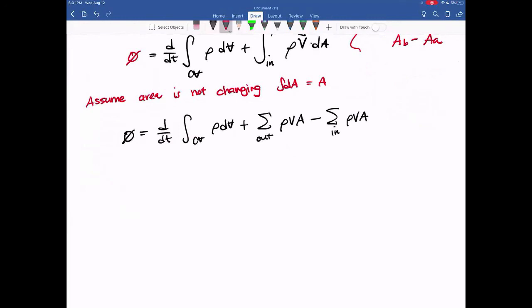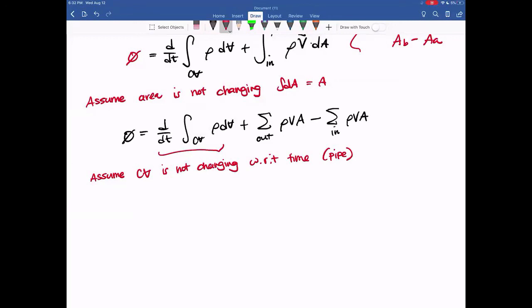Now what we're going to do is assume that our control volume is not changing with respect to time. An example of this would be if we had a rigid pipe, okay? If we have a rigid pipe, then this integration here is 0, right? It's not changing with respect to time.